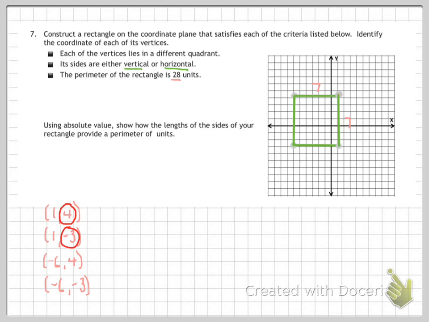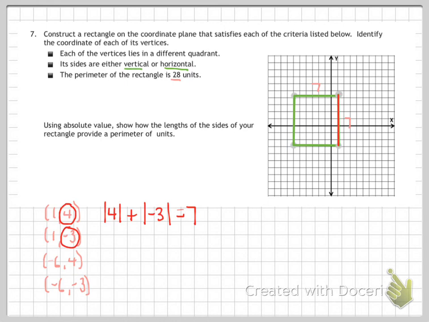They're opposite sides of the number line, so I'm going to add those absolute values. So I have the absolute value of 4 plus the absolute value of -3. 4 plus 3 is 7. So I can see that my vertical line, this one, is going to be 7.